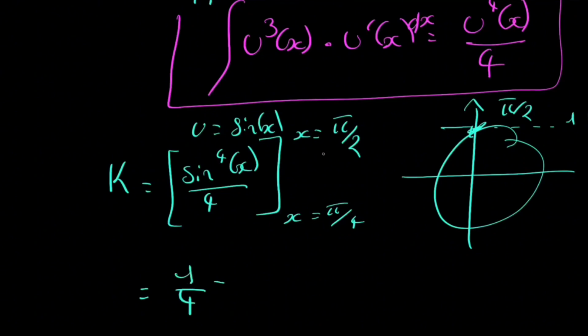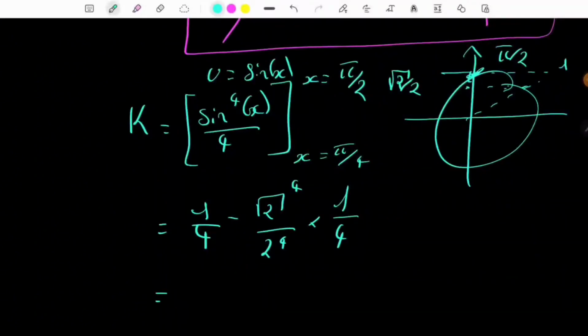So 1/4 minus square root of 2 over 2 to the fourth power, so square root of 2 to the fourth over 2 to the fourth, times 1 over 4.